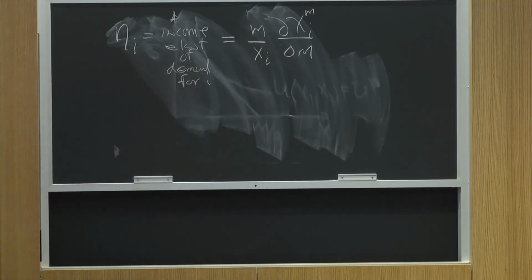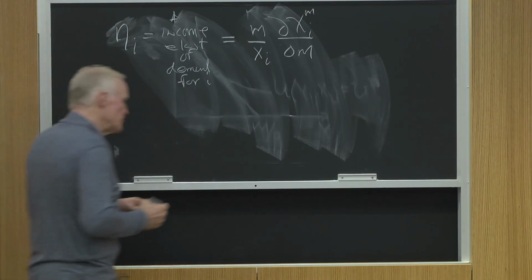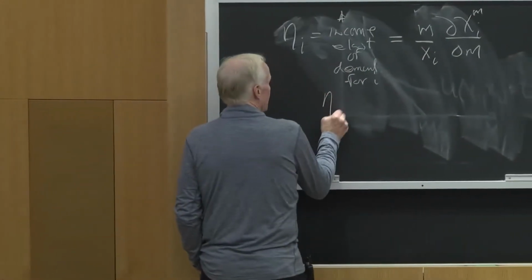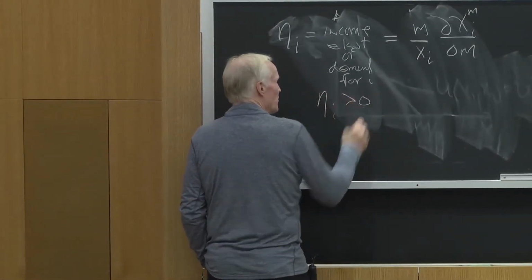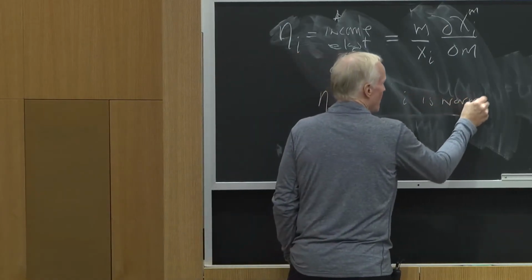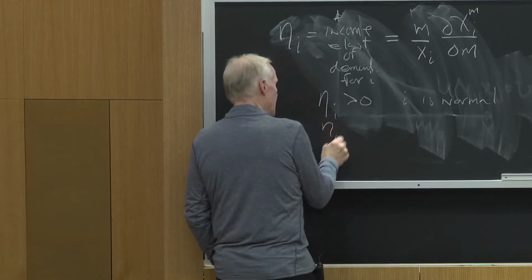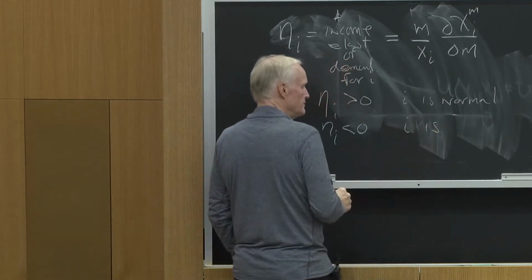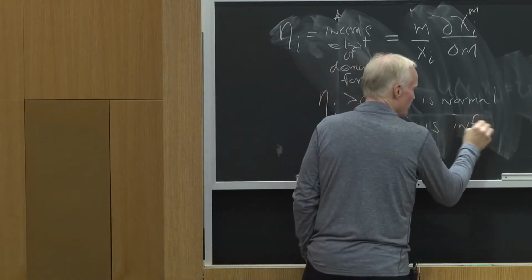And that measures how the consumption of good i responds to a change in income. Economists make a number of distinctions here. Eta i greater than 0, we say i is normal. Eta i less than 0, i is what? We call it inferior.